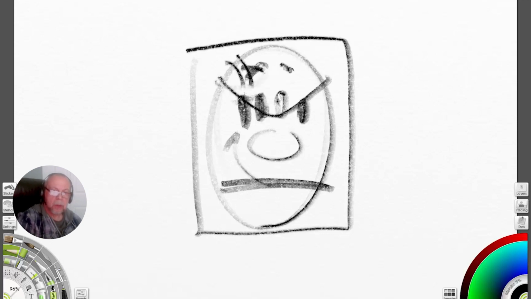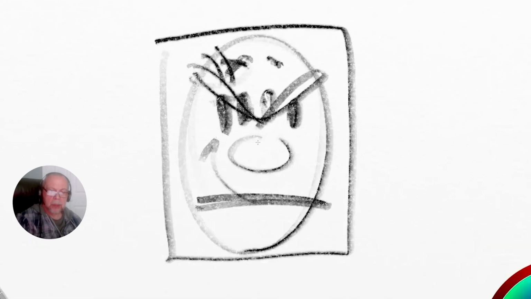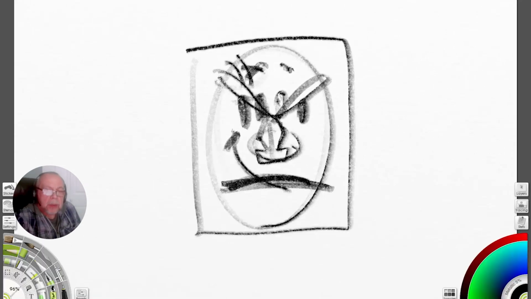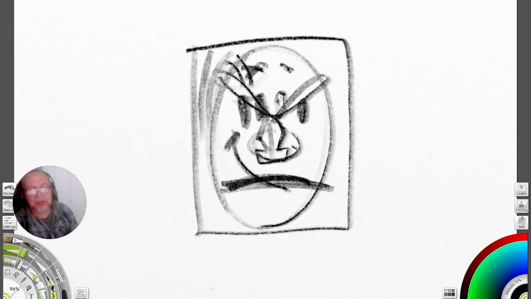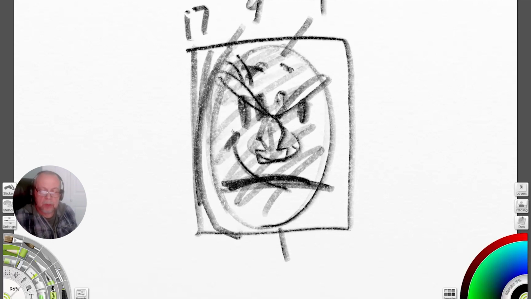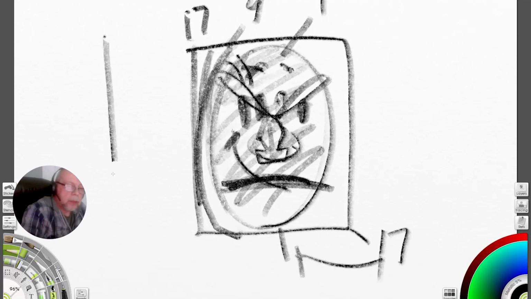That way, connected, and transform this one to that one, or this one to that one, and this one to this one. Like I said, if you have 17 frames, in the middle of that transformation will be the 9. That will be 17.